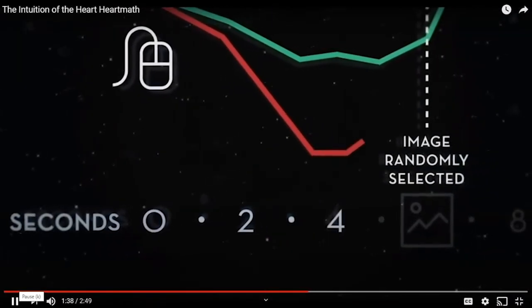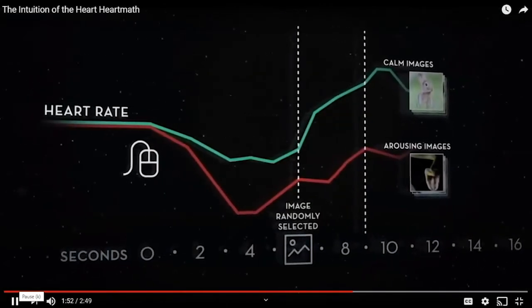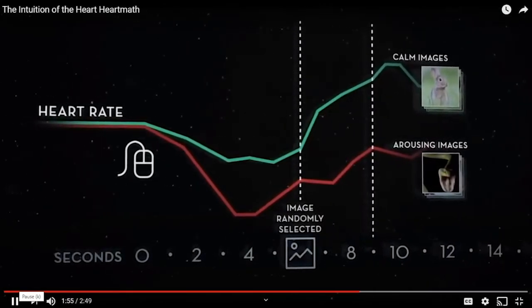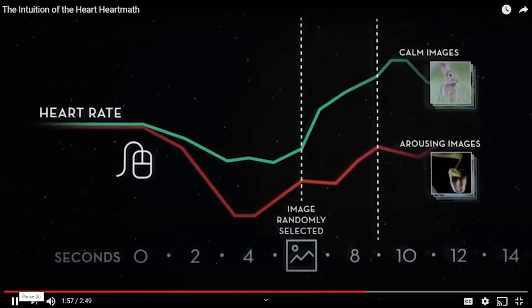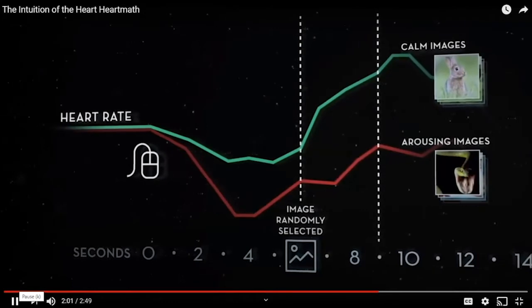So nobody could know what this future picture was going to be. The heart had a much greater deacceleration than if it was going to be a calm picture. These results have since been replicated in many different independent labs around the world, actually.